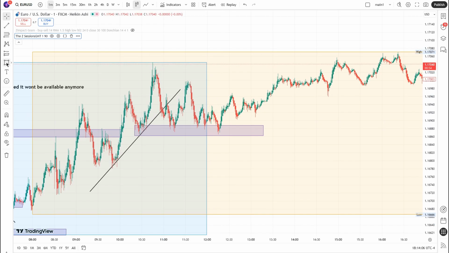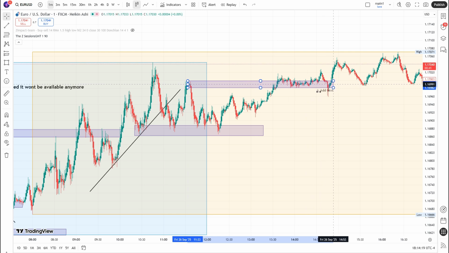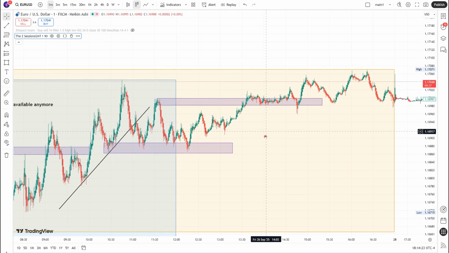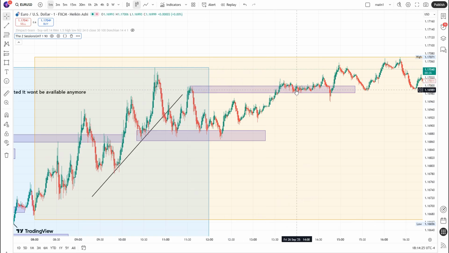And here, as you can see, let me find it, this zone. We have a liquidity grab zone here. Why am I saying this? Because the market shows no interest to break it or continue it.